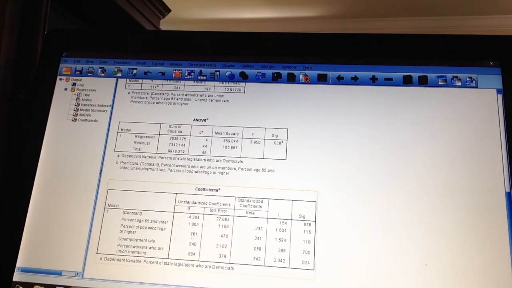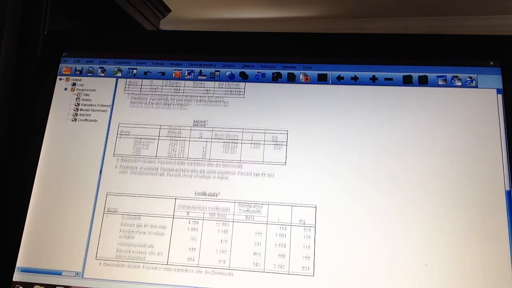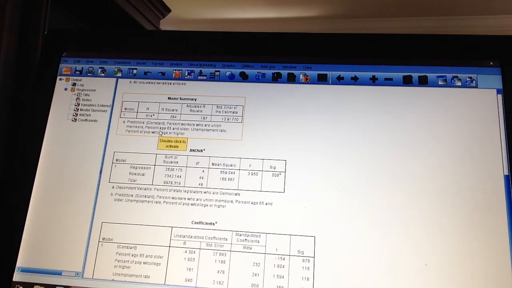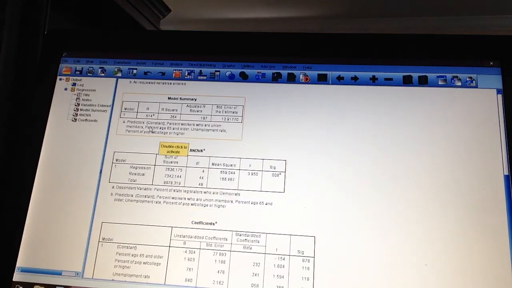So what we're saying here, right, is that if we know the age 65 or older, the college, the unemployment rate, and the union variables, if we know those four things, we can predict the right outcome in the Democrat state legislator variable about 26% of the time, all right? In other words, these four factors tell us 26% of what we need to know in order to accurately predict the Democratic legislators variable. All right.